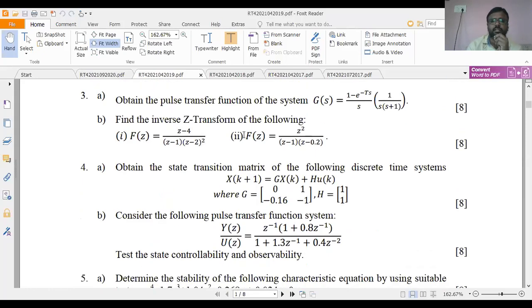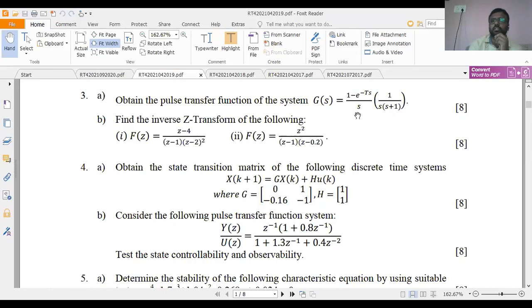And next, for the essay questions, obtain the pulse transfer function for the system G of s is equal to 1 minus e power minus Ts divided by s into 1 divided by s into s plus 1. That means it is nothing but the cascaded connection of the zero order hold circuit with the G of s.